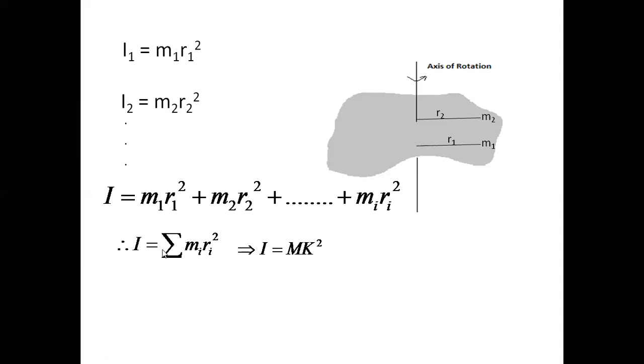If we calculate the total mass of all the particles, which is equal to the entire mass of the body, we replace Σ mi by capital M and the Σ term by k. So the general expression for the moment of inertia for a body having a mass M is M k².